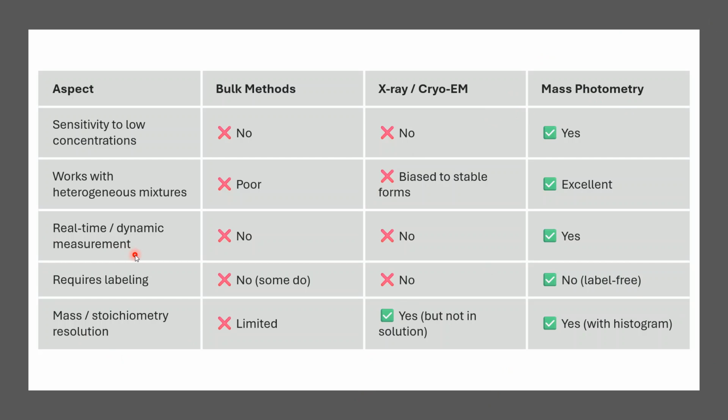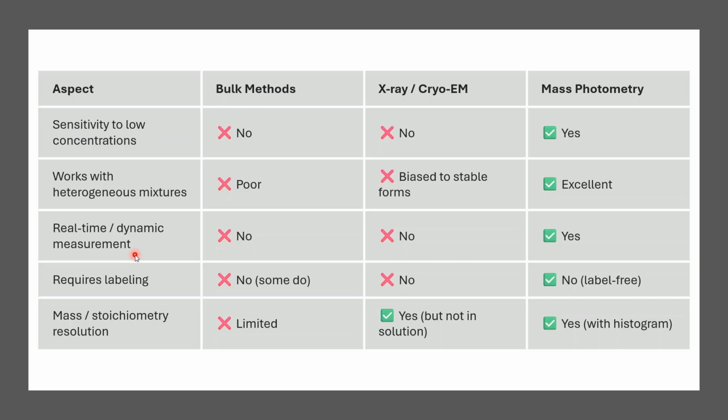Mass photometry can study the biomolecule in real time, and dynamic measurements can also be taken because we can take a snapshot every 30 seconds, and each binding event can be seen with the help of mass photometry, whereas that is not possible with bulk methods, X-ray and other cryo-EM techniques.